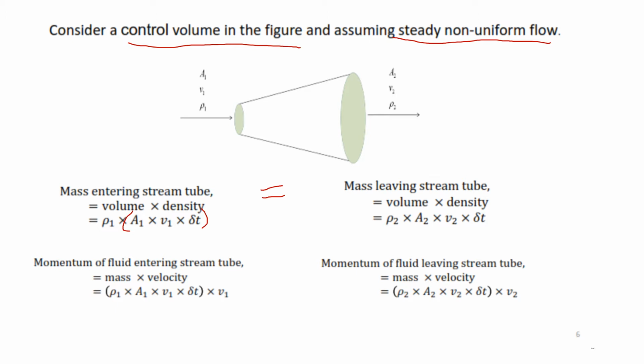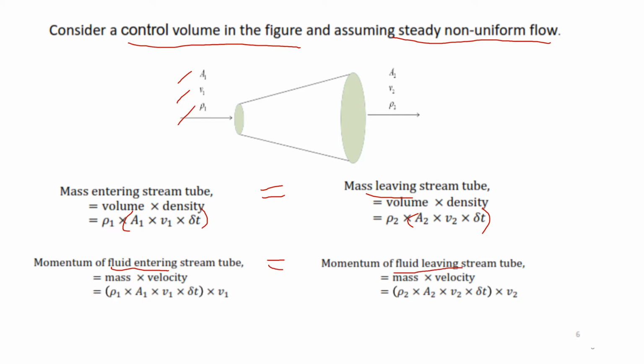Okay, so here we have area, velocity and also pressure. Okay, this one is pressure. And then same also for leaving, volume times density. Okay, then the momentum of fluid entering the stream tube is also equal to the momentum of fluid leaving the stream tube.